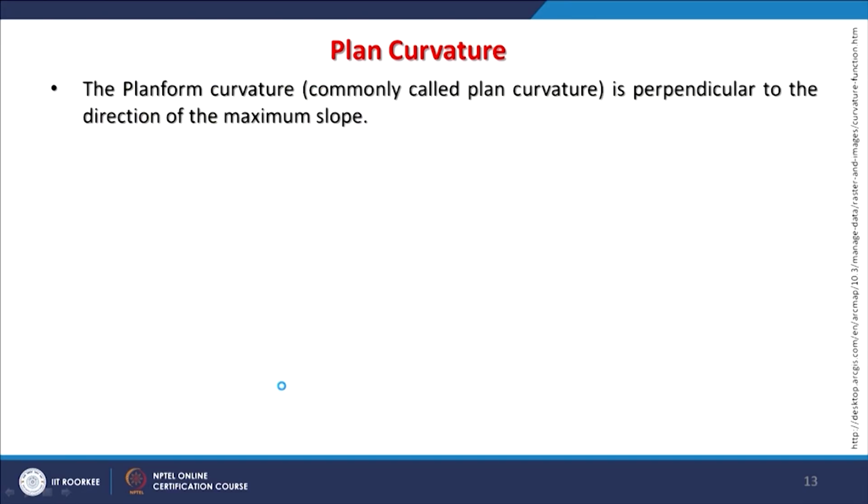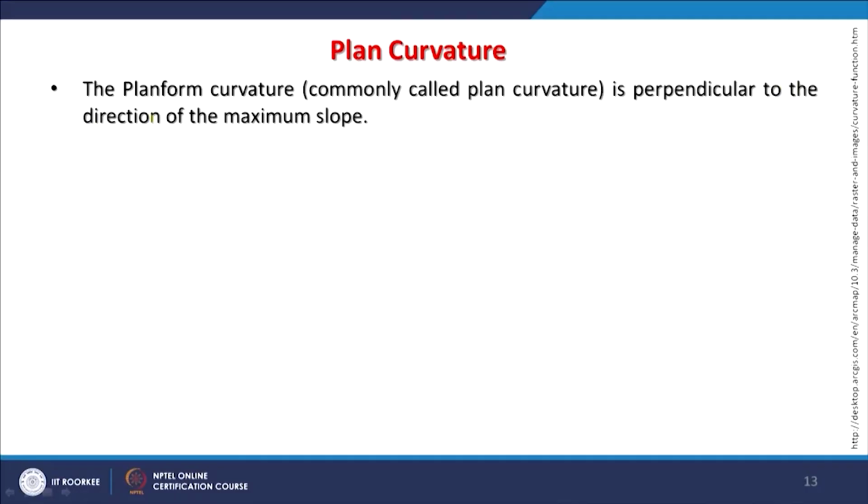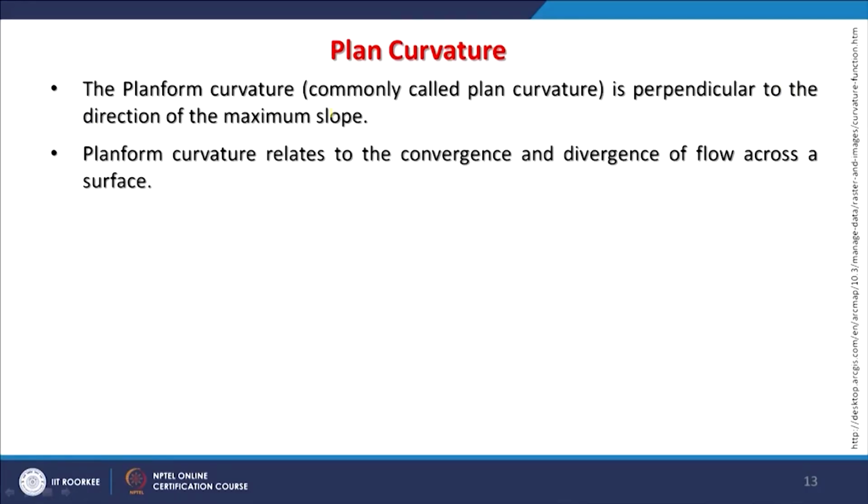Plan curvature, called by other names in some software or literature, is perpendicular to the direction of maximum slope, and it is related to the convergence and divergence of flow across a slope. Convergence and divergence of flows, for example water, play a very important role in terms of erosion or landsliding.